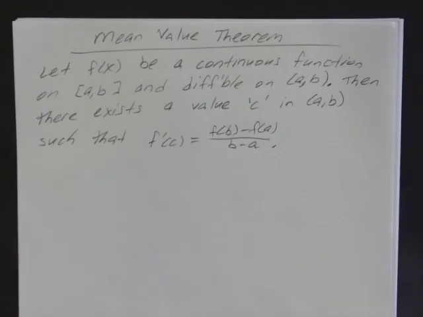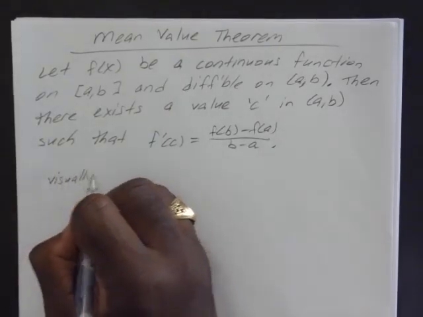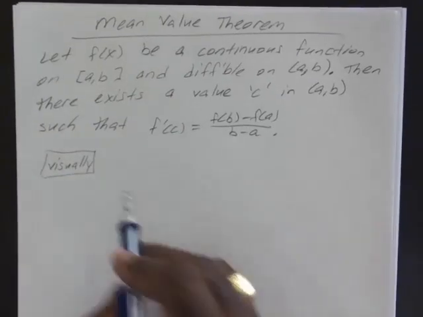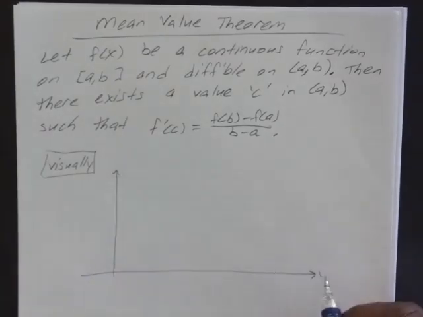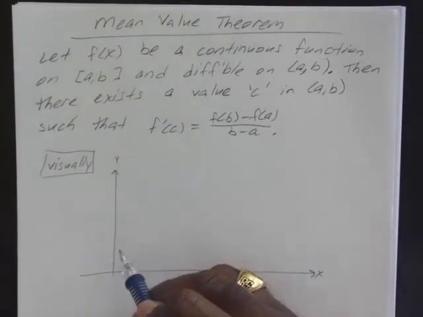Now we have our definition, but all of that means visually is, let's say if we have our x and y axis, and we have some random continuous function.